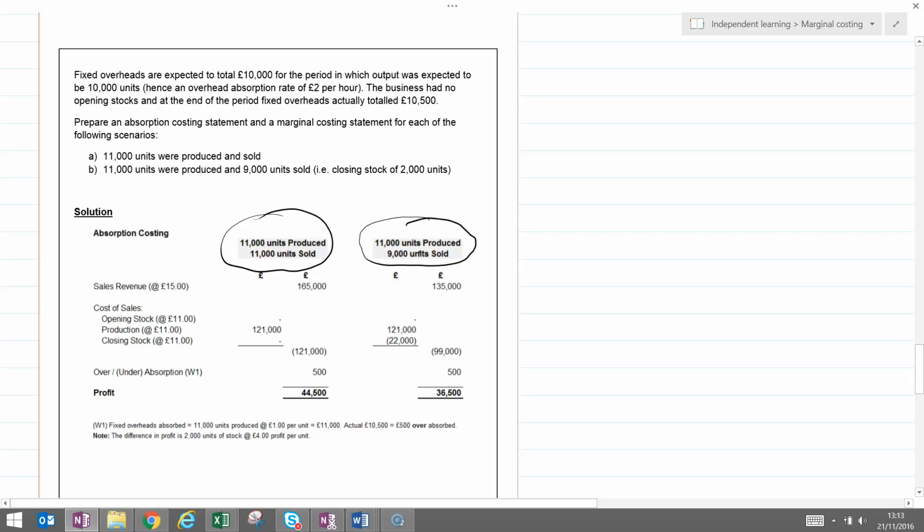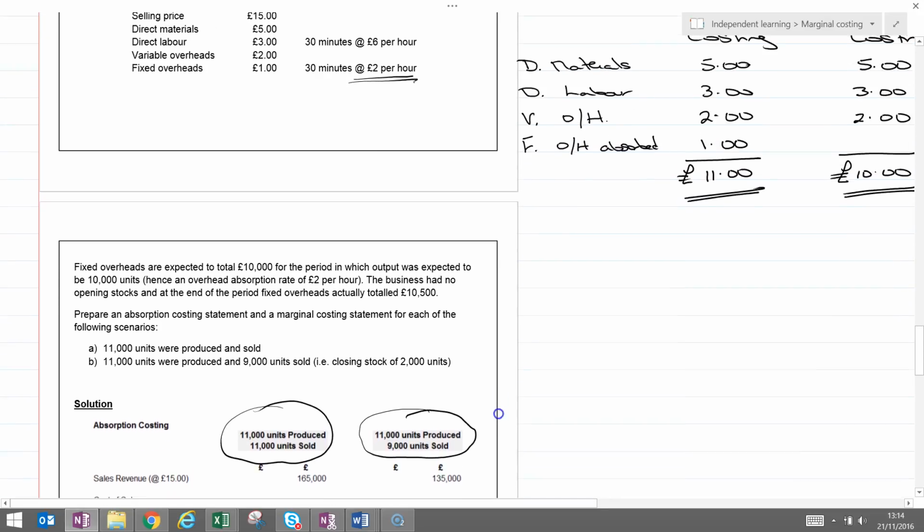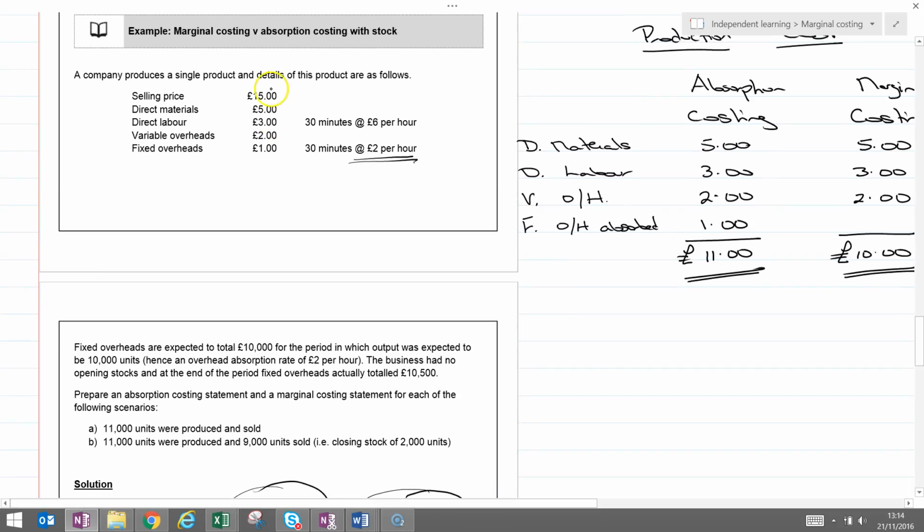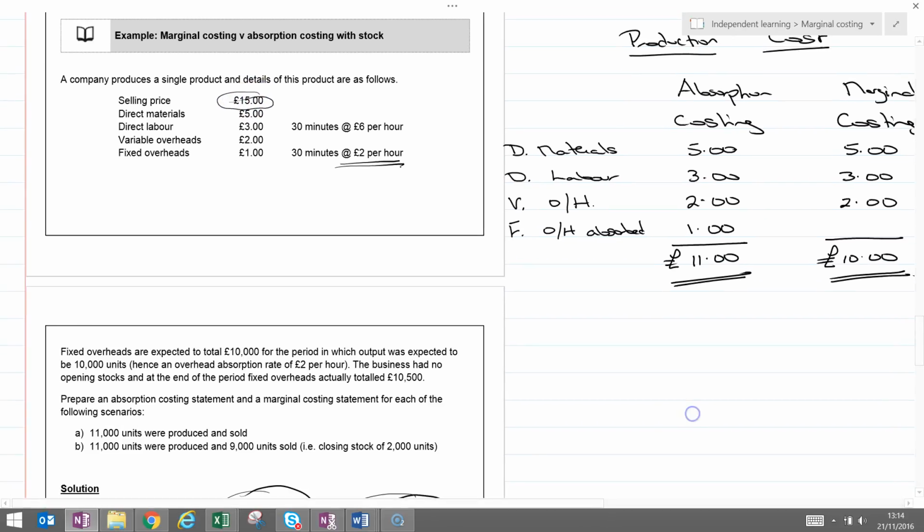So the statement starts with sales revenue. So if we look at the first statement, 11,000 units sold. Our selling price, if we just scroll back up, okay, selling price £15. And just to remind you, our production cost we've worked out at £11.